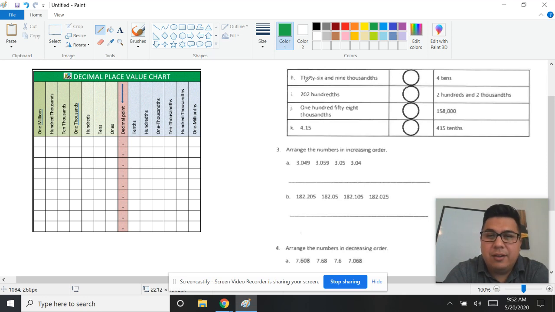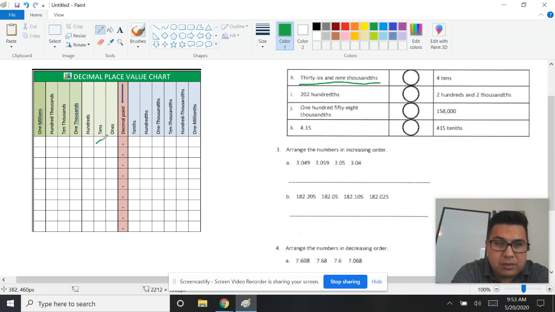We have this number here, and it's in what kind of format? Yeah, it's in written format, so word format. It says 36 and 9 thousandths. What do we know about the "and"? What does "and" mean? Yeah, that's right. It means the decimal. So if we have 36 before the "and," we know that's going to be whole numbers.